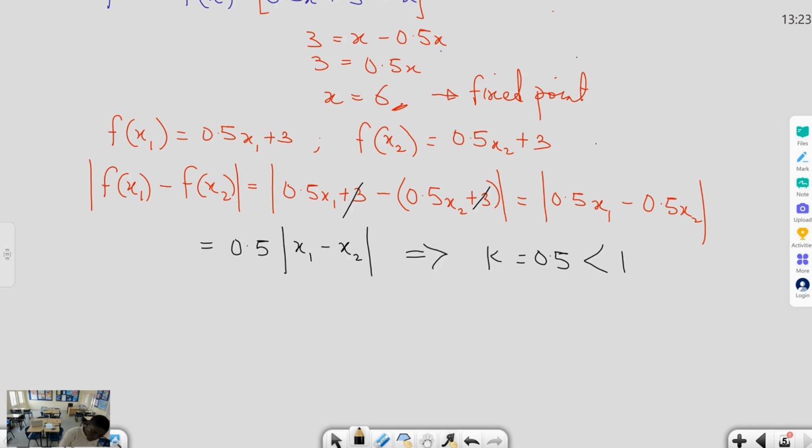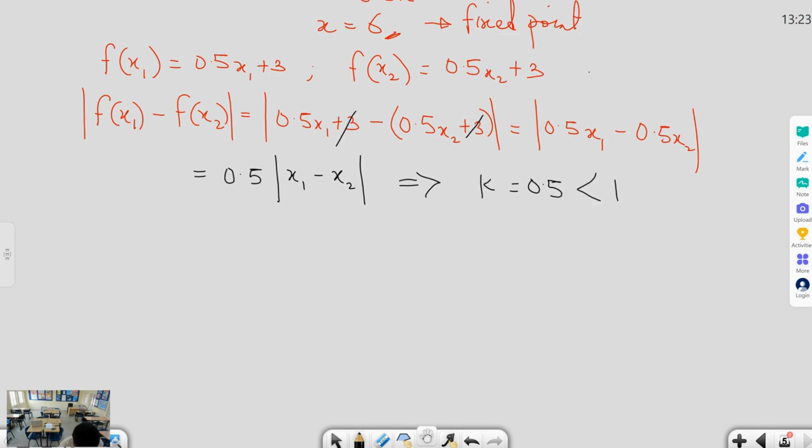Okay? Now let us try this out with a normal value. Let us check that it actually converges to the unique fixed point 6. We try some random value starting from 0. So we say, let our x naught be 0, a random value.